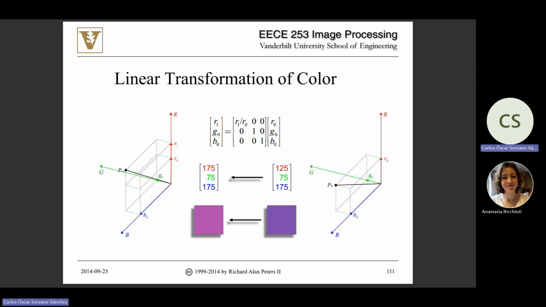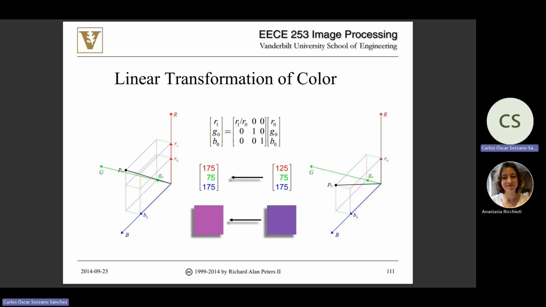And R0, by this scaling factor, goes to R1. So you're just making it more red. If you have something like 125, it goes to 175, the other two stay. So you are making it bigger in this direction. From R0, you are going up.